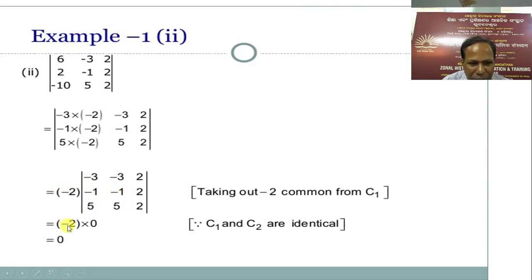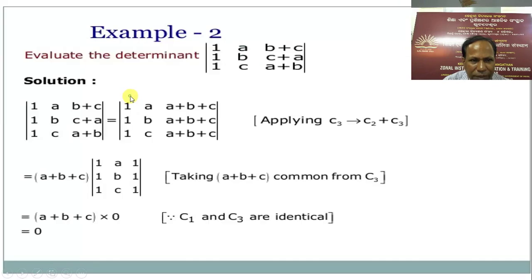So it is minus 2 into the determinant, whose value becomes 0. So this becomes 0. We have not evaluated this determinant directly, rather we have evaluated it using the properties. Whenever we are asked to evaluate the determinant using properties, we cannot have direct evaluation.